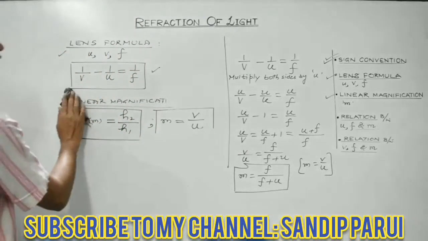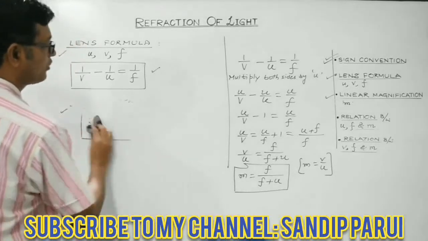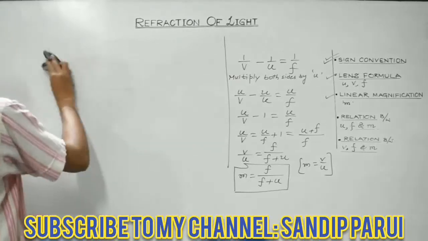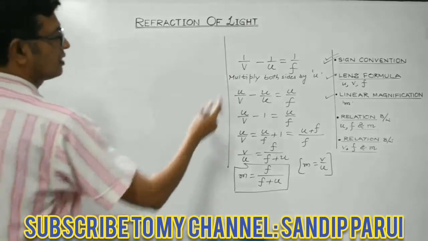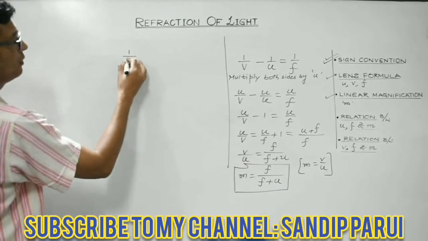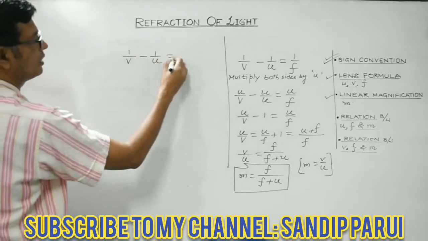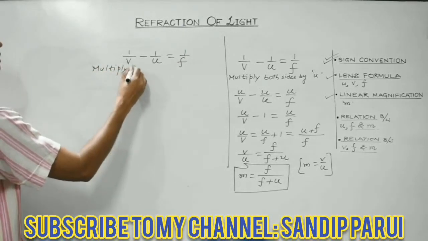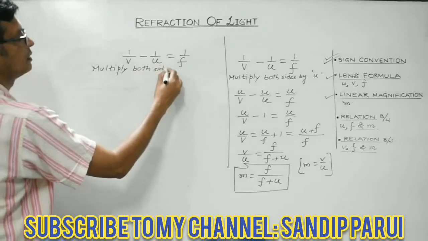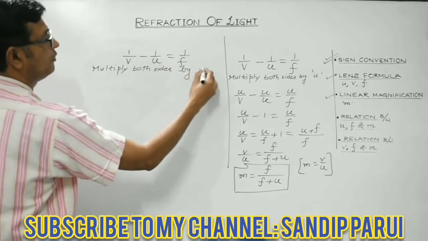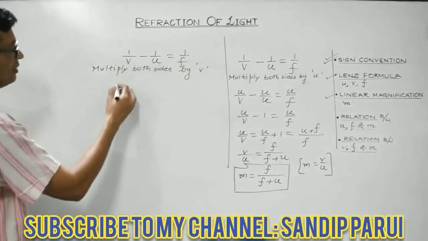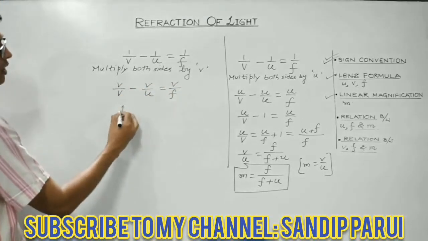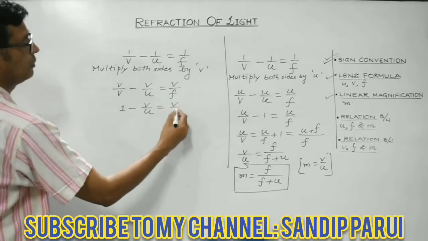Similarly, students, we can also obtain the relationship between m, v and f. So let's try that one as well. Again, let's continue with the same steps. From lens equation we know that 1 by v minus 1 by u is equal to 1 by f. So in this case, multiply both sides by v. So what you get is v by v minus v by u is equal to v by f. So 1 minus v by u is equal to v by f.